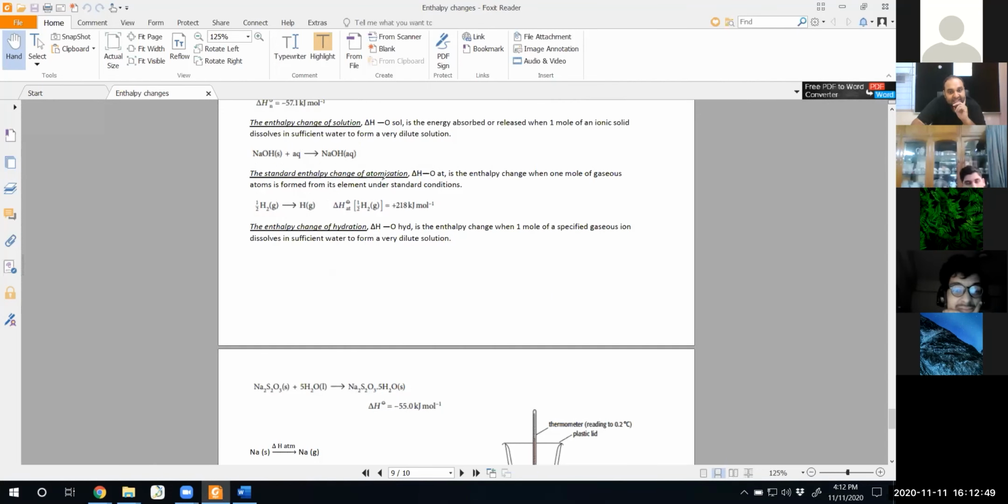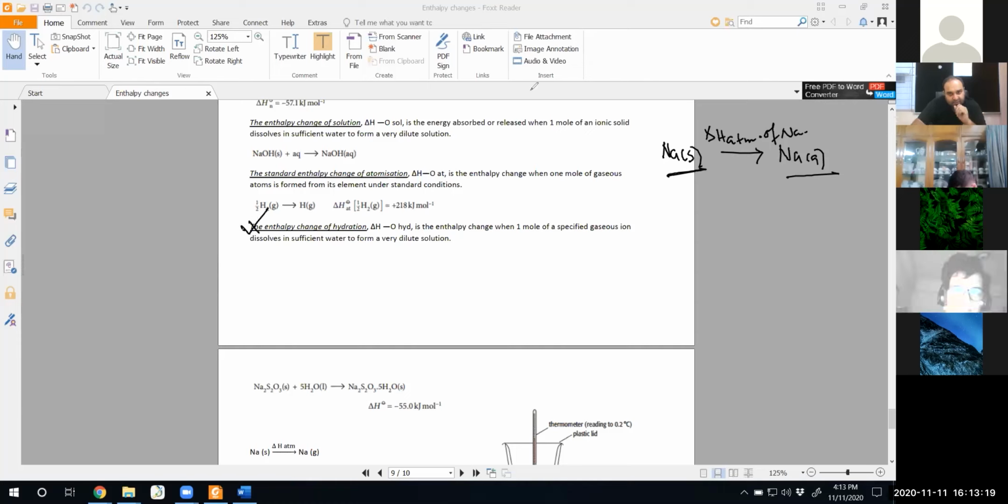Atomization is basically when you convert it into a gaseous atom. So solid sodium is converted into gaseous sodium. What do we call this? We call this enthalpy of atomization of sodium. Enthalpy of hydration, you don't need this.